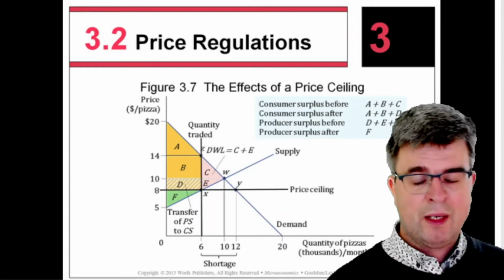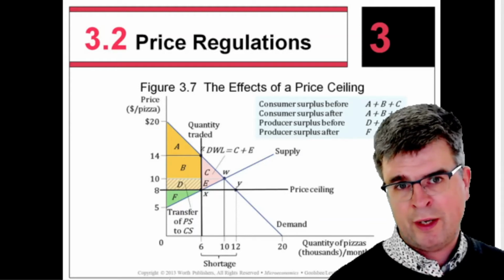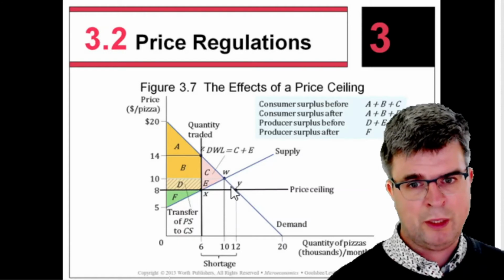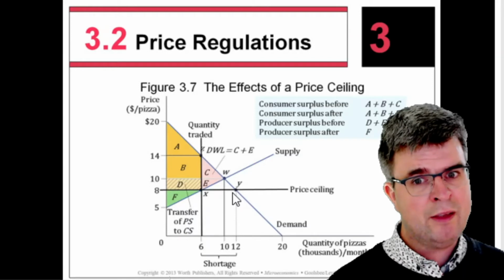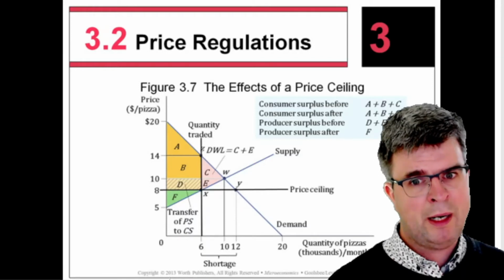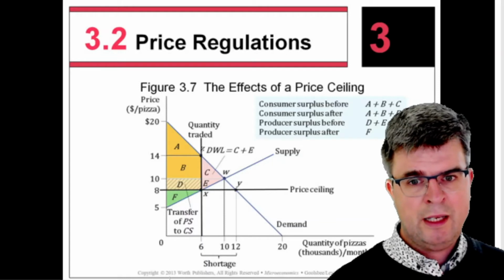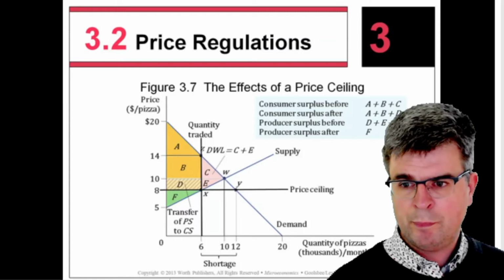Well, at this price of $8, more people will find it interesting to buy pizzas. So we have consumers who were not willing to pay $10 for a pizza, but at a price of $8, they will be happy to buy a pizza. So at this price ceiling of 8, the quantity demanded will increase to 12 pizzas.